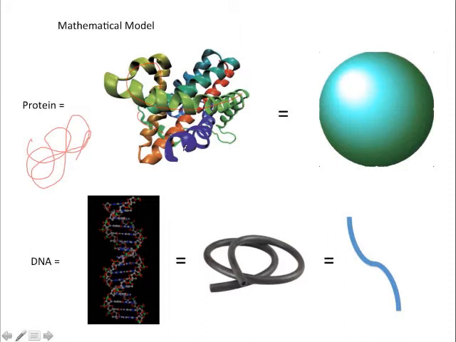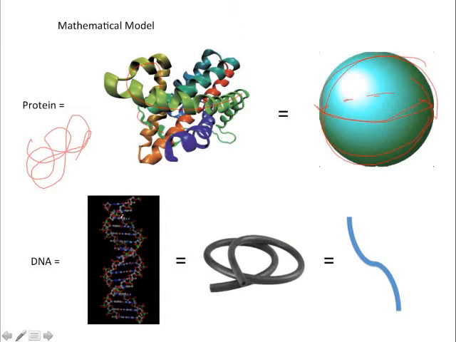Well, in our very simplified model, our protein becomes a three-dimensional ball. In other words, we're not going to care about the shape of the protein for this mathematical model. We basically will just use the protein as a divider between the stuff that's bound by the protein within the ball and the stuff that's not bound by the protein.